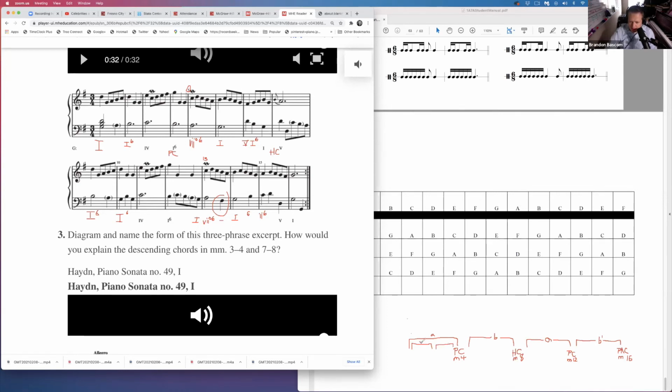X prime. I was wondering about that, but I didn't think you could do a sentence and a cadence. Yeah, they did a sentence here.